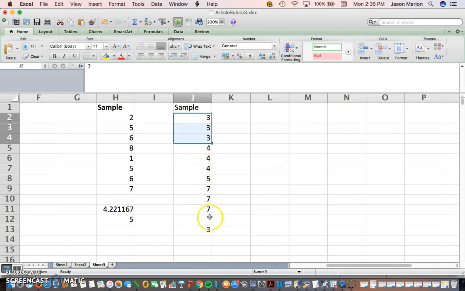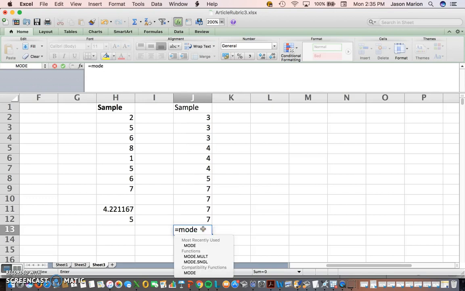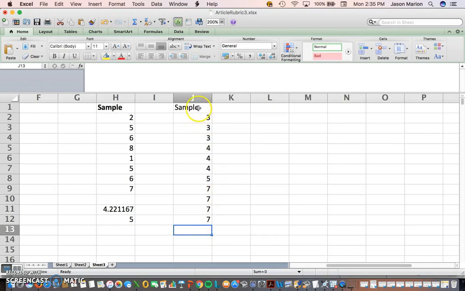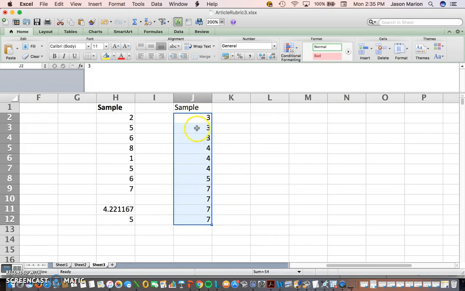It's choosing the lowest number to be its mode when there's a situation of a tie. If I pick the big number here, put a 7 in there, equals mode, it'll pick the 7. It's the most frequently observed number. So when there's ties on the mode, it will choose the lowest number in Excel. So I got those backwards on that.